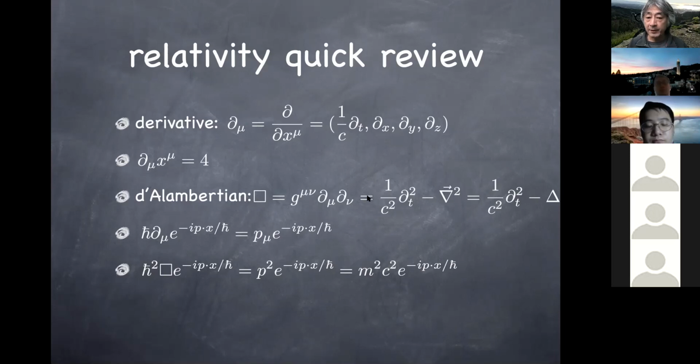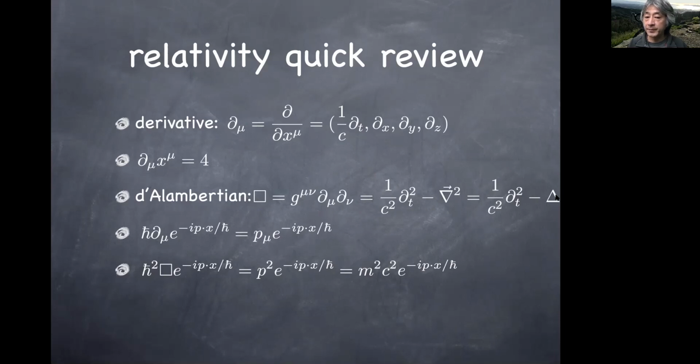And if you actually want to write this out explicitly, then the time component is this time derivative squared over c squared. And because the metric has a minus 1 sign for the spatial components, I subtract the spatial derivative squared. And this piece from the spatial direction is nothing but the Laplacian. So the d'Alembertian is 1 over c squared time derivative squared minus the Laplacian. And this is the notation you have probably seen.